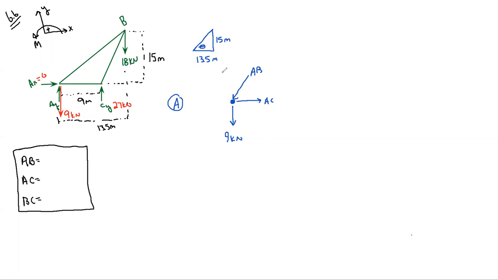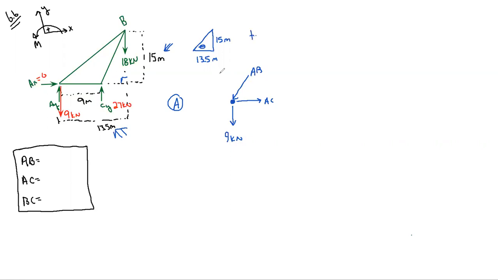I've got a triangle set up here to do that. The 15 meters comes from here. To use the trig functions, we need a right angle. The 9 meters doesn't help us with the right angle at B. 13.5 does, however, so we're using the 13.5 there.